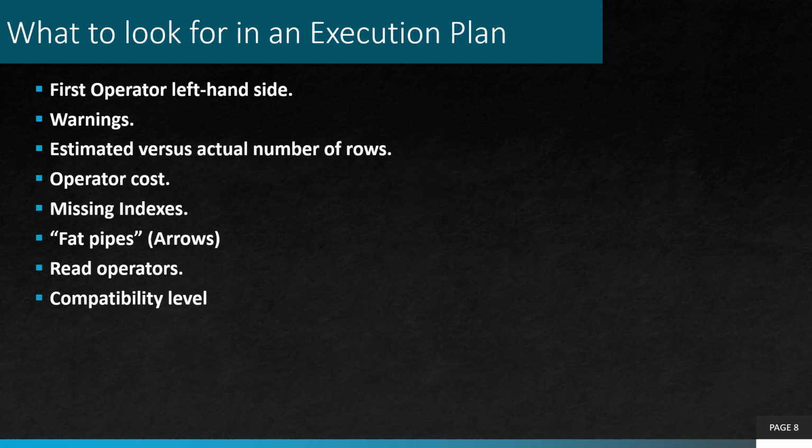I'm going to review the cost of the different operators and pay attention to the operator that has the most cost, to see if I could improve this query. Sometimes we hear, hey, you are using a table scan, or you are using heap tables.